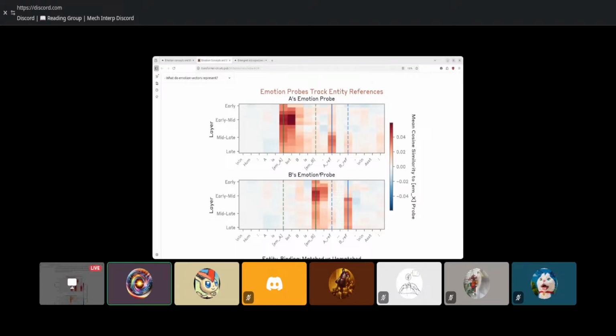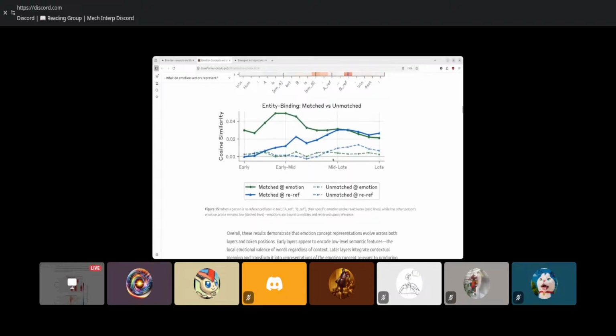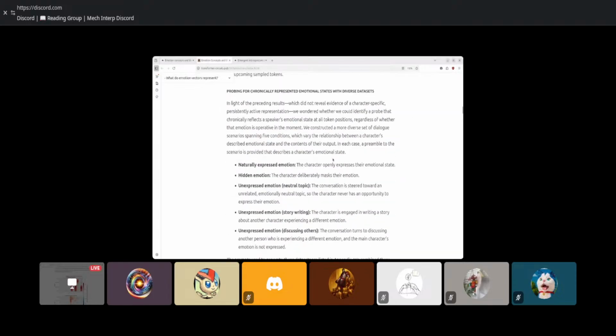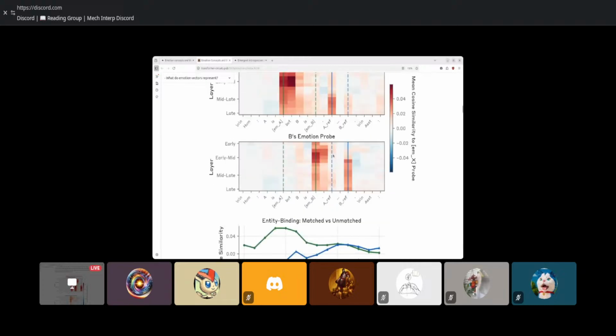Yeah. Whatever. Emotions probe, emotions probe. Chronically repressed emotional state. Wow.